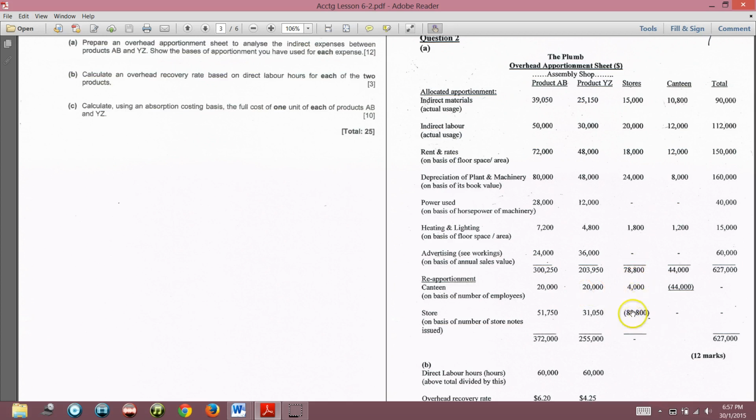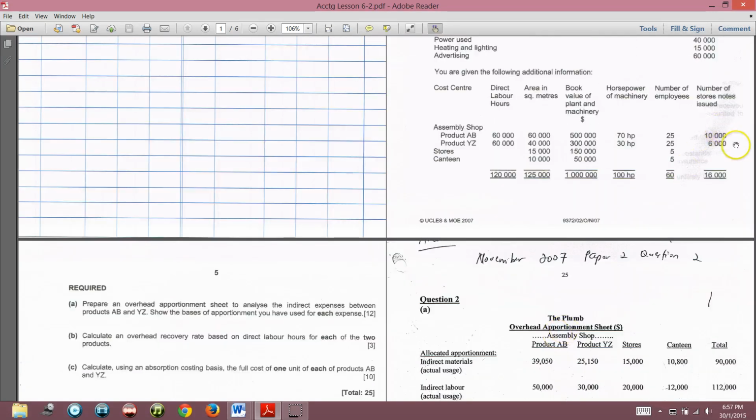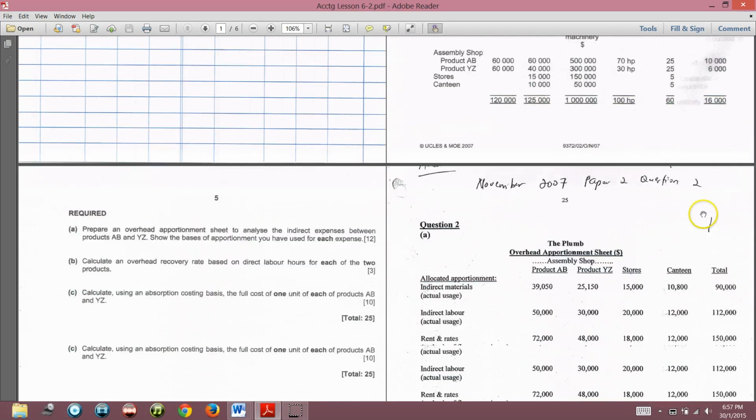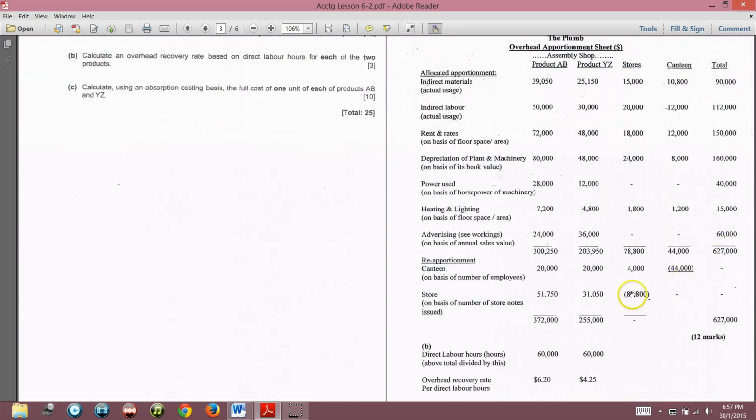So the overhead for stores, you will have to allocate to these two departments. I would say the basis of allocation will be the number of store notes issued, which is stated here. So for A, B it will be 10 over 16 times 800.